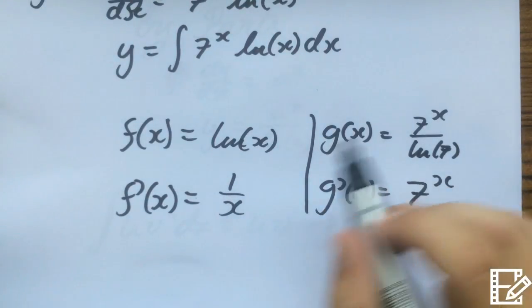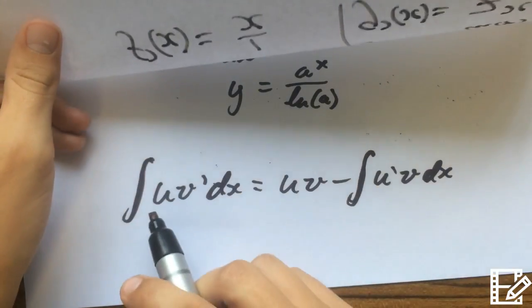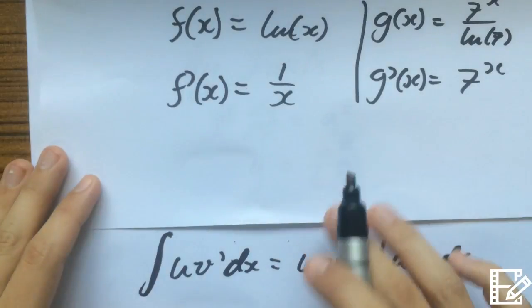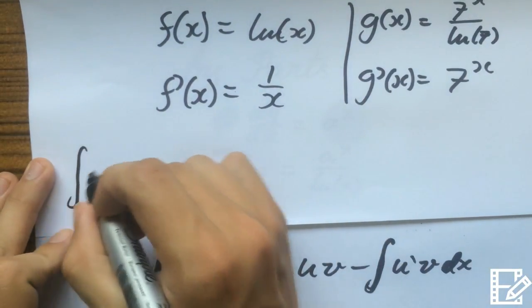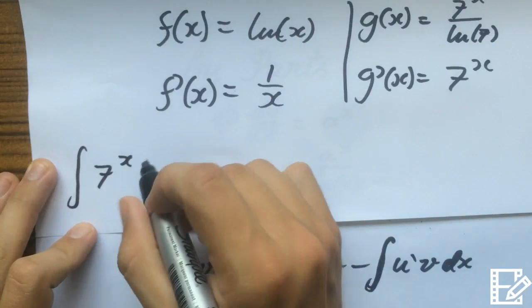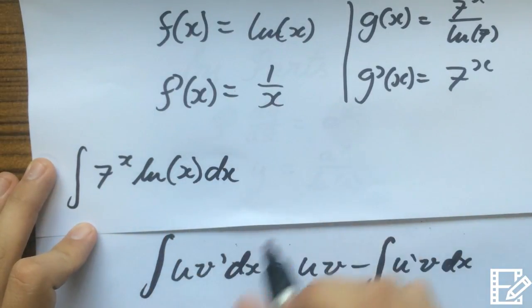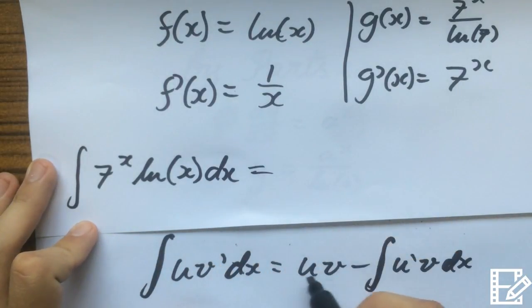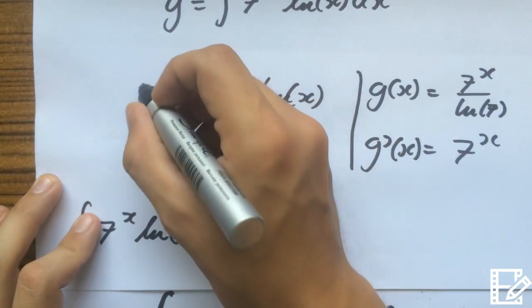Okay, makes sense? Hopefully. So the formula states, if I can fit it in, this is the function we started with, which was 7 to the power of x ln of x dx. So we're saying that is that. Therefore, we can fill in this. U, oh, here I am making mistakes.